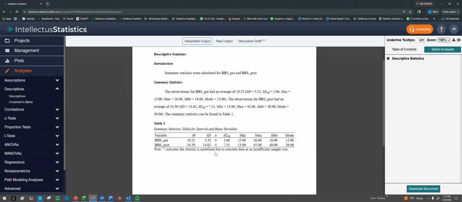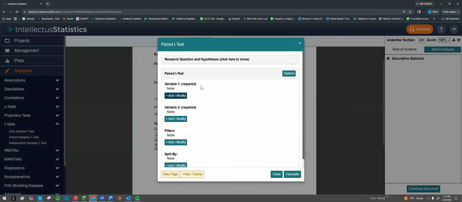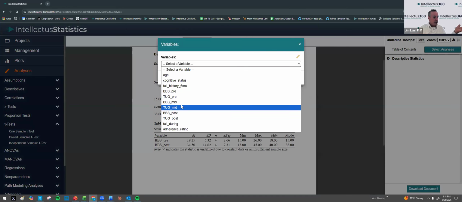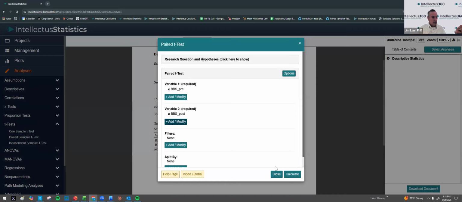Fine. And four is the sample size in each. So we validate that. Now go on to the t-test. At the t-test, we're going to look at pre versus post.